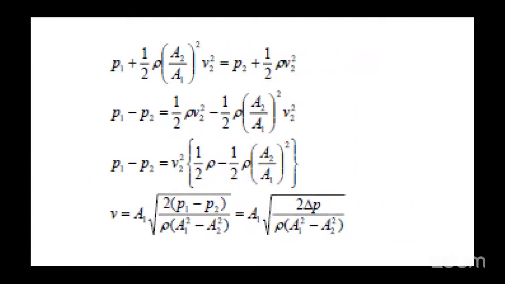By the time you simplify the expression further to the final stage, we have V is equal to A1 square root of 2 times the change in pressure, all over density times the change in the area square. So that is what we are going to have.